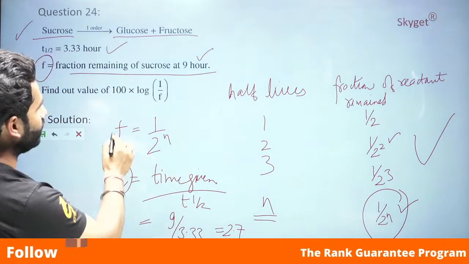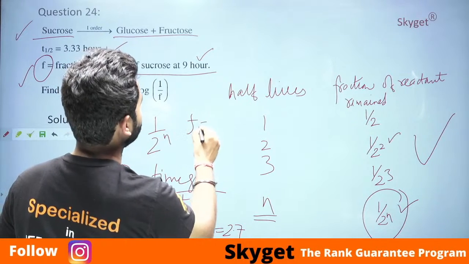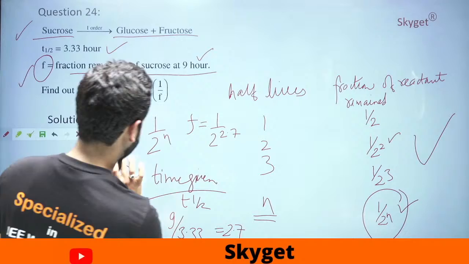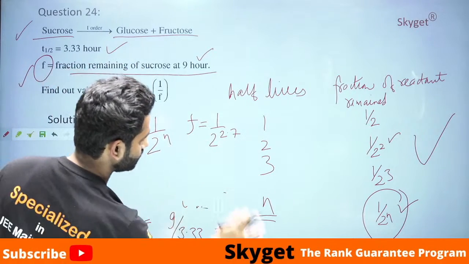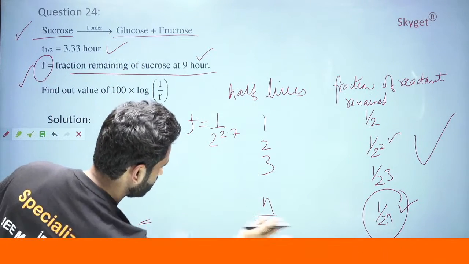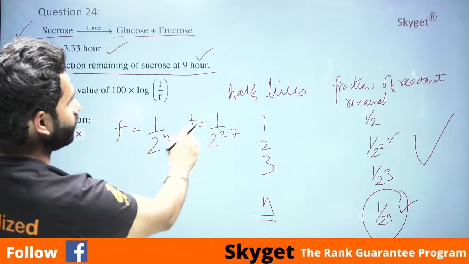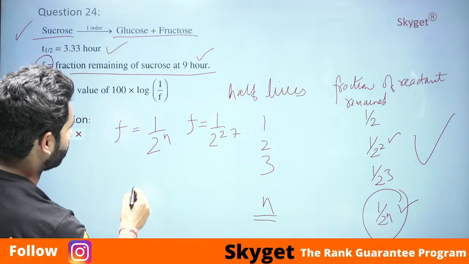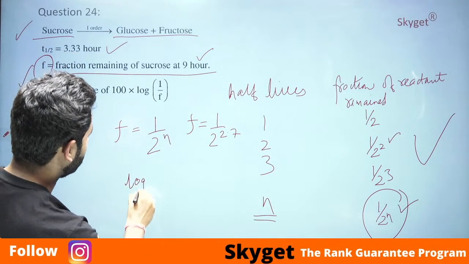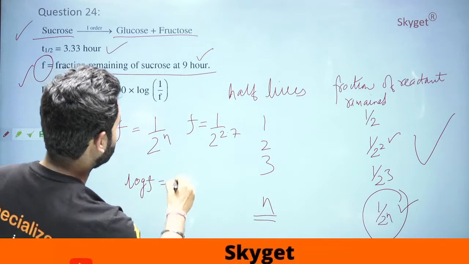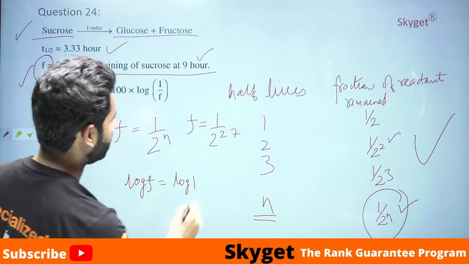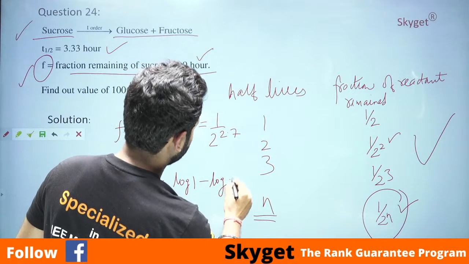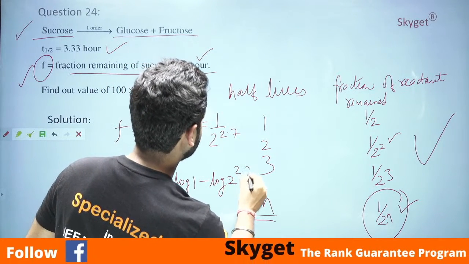Put this value into F is equal to 1 upon 2 raised to power 2.7. But what we need to find is log of F. So we take log of F is equal to log of 1 minus log of 2 raised to power 2.7.